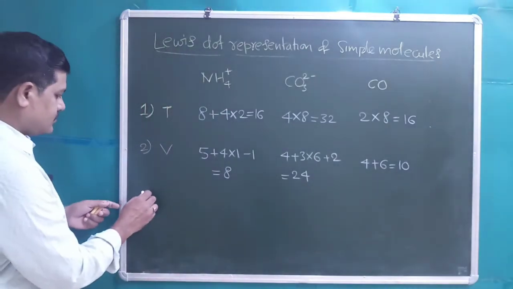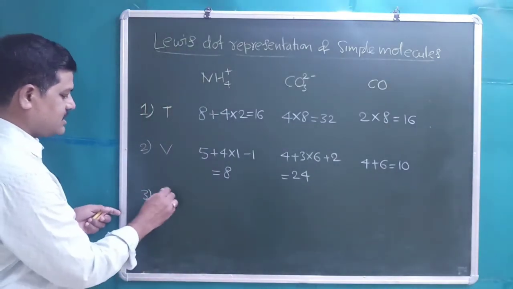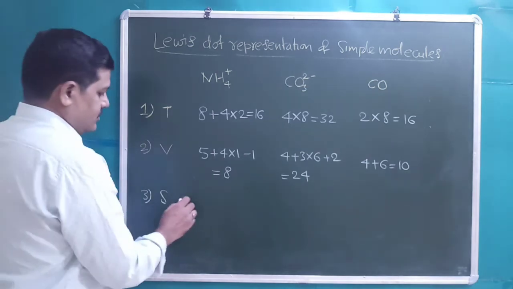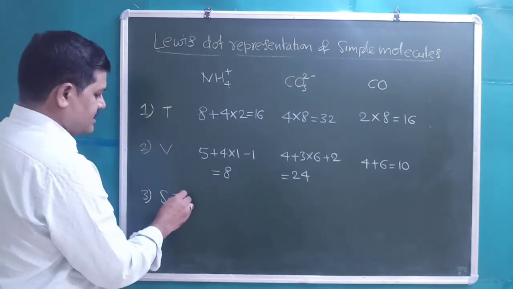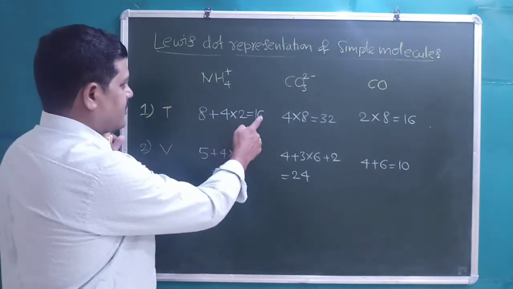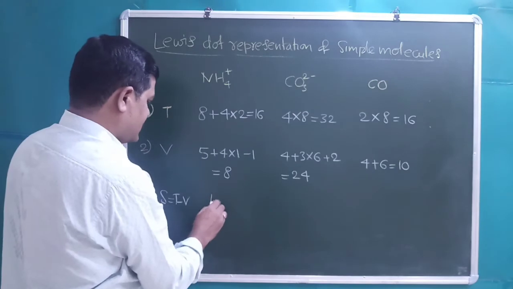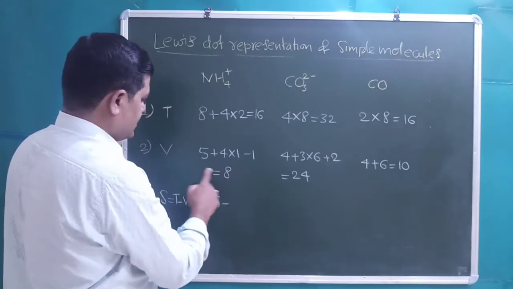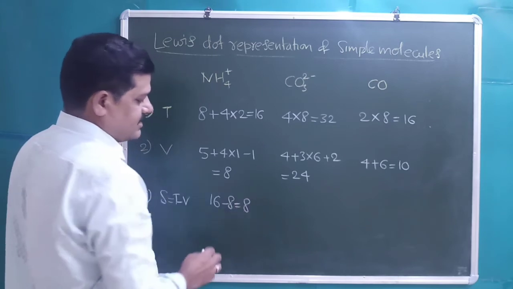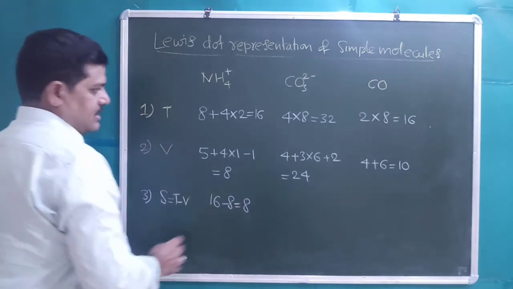Then calculate the shared electrons. Shared electrons is total minus valence electrons. Total electrons in the case of NH4 plus is 16, minus valence electrons 8, so 8 shared electrons are present, right?